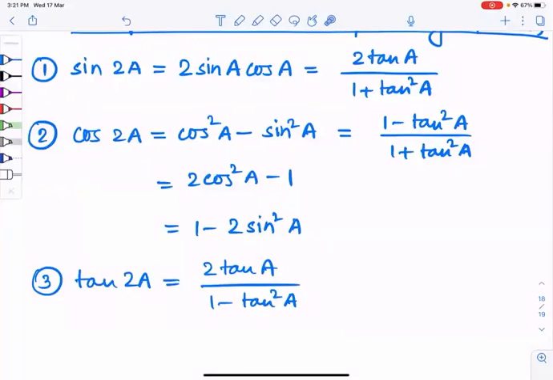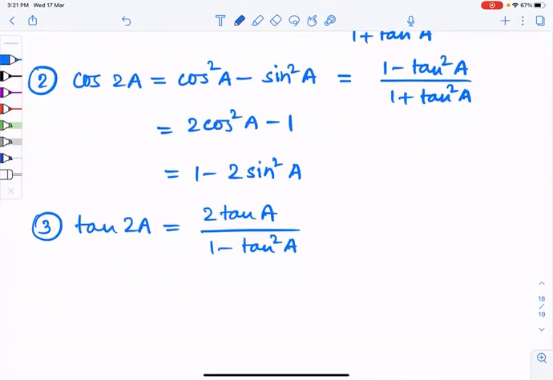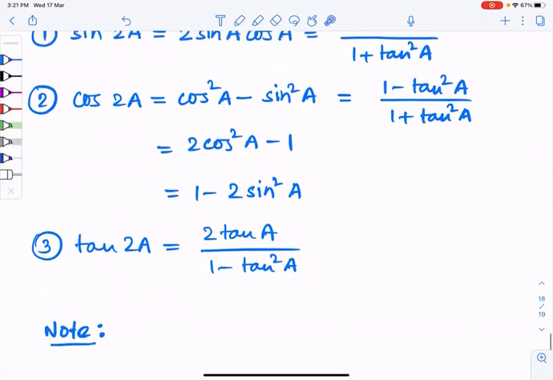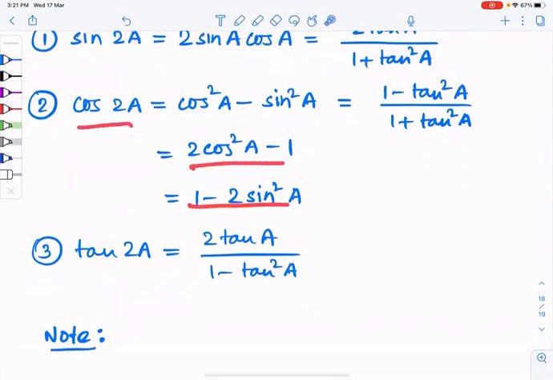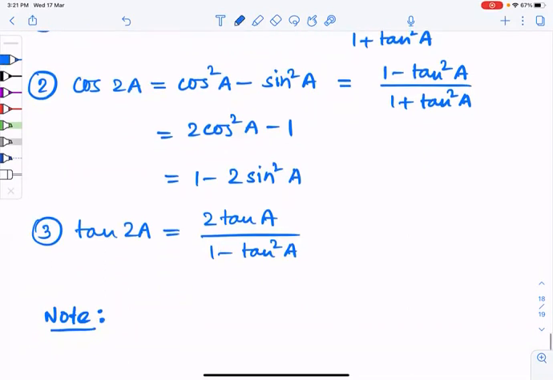All right. So here we can also make a note. You see the most important one is this one here. Here 2a angle is becoming angle A, and if I rewrite those formulas, it will look like this. 2 cos square A is nothing but 1 plus cos 2a. Why did I write it in that way?